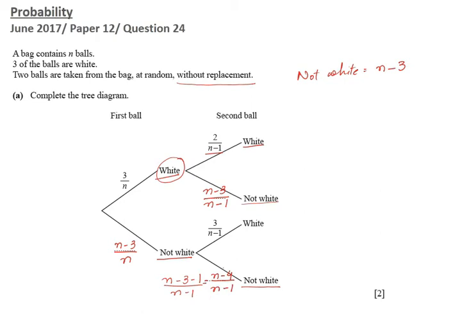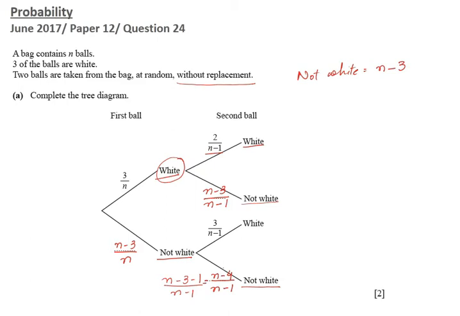Okay, one after the other. If we select the same color, then we will reduce both numerator and denominator. So minus 3 and minus 1 will be equal to minus 4. So n minus 4 upon n minus 1.